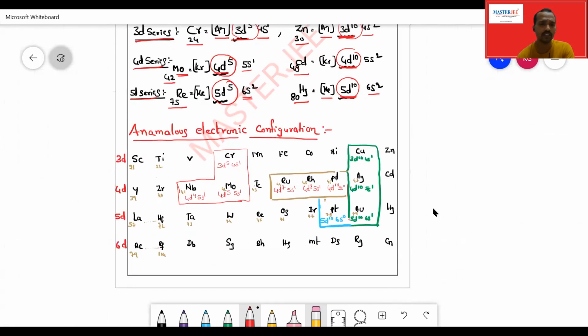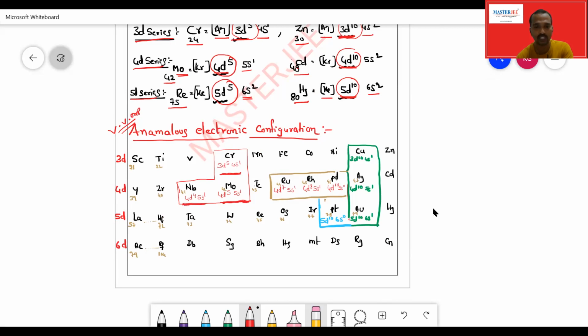Next, a very important thing is anomalous electronic configuration. In a simple way, we can remember this. In the 3d series, chromium has 3d5 4s1. Molybdenum has 4d5 5s1. Niobium has 4d4 5s1.